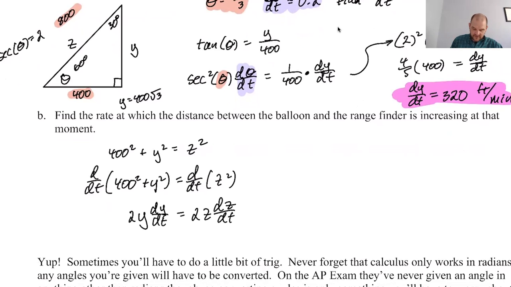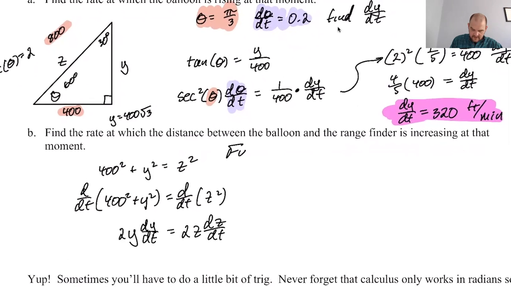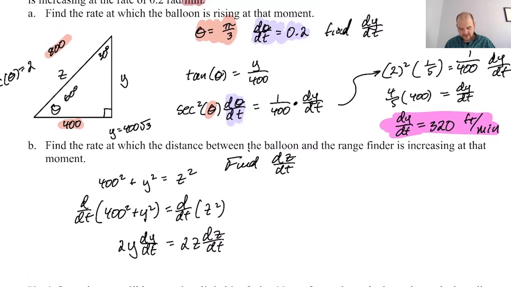We want to find dz dt. We know dy dt because we just solved for it, and there's almost no alternative here. So what can we sub in? At this exact moment, y is equal to 400 root 3.